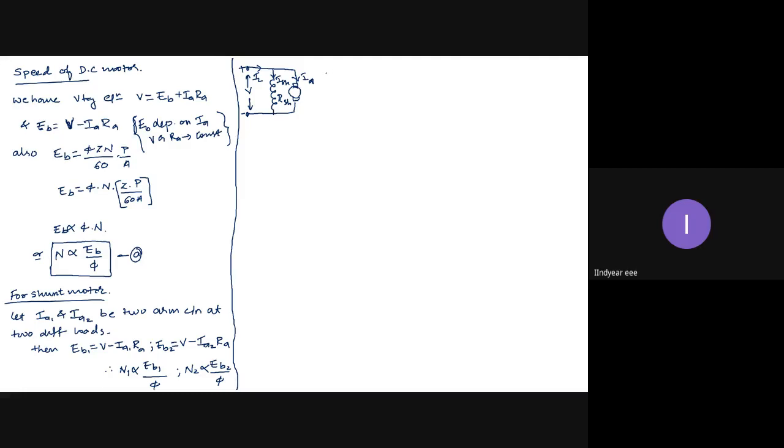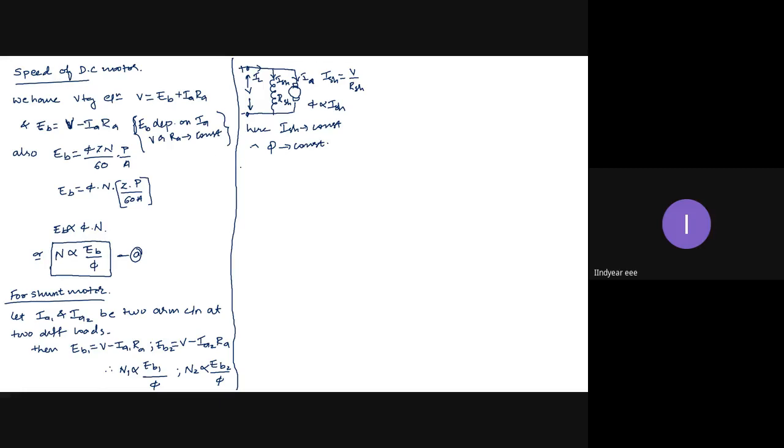So my ISH is equal to V divided by RSH. Flux is produced by this field winding, so this flux phi is proportional to ISH. And here ISH is constant, because V is constant and RSH is constant. Therefore, flux is constant. In a DC shunt motor, flux is constant.